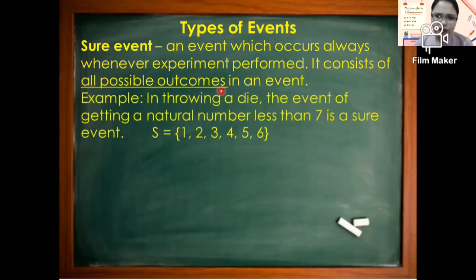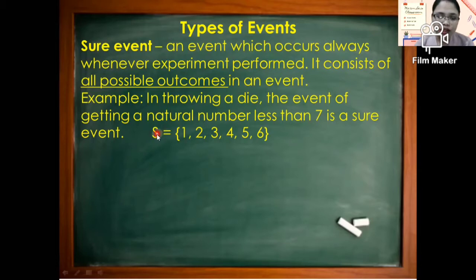Halimbawa, ang ating experiment is throwing a die or rolling a die. The event of getting a natural number less than 7 is a sure event. Kasi lahat naman talaga po ng kalalabasan ng pag-roll natin ng die ay laging less than 7.